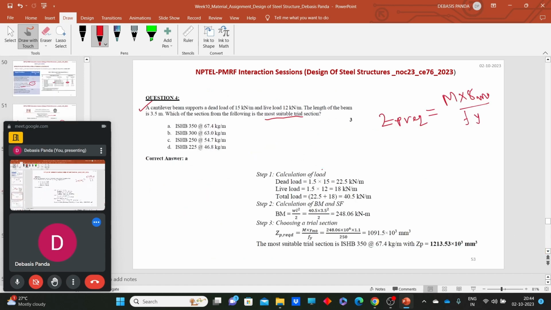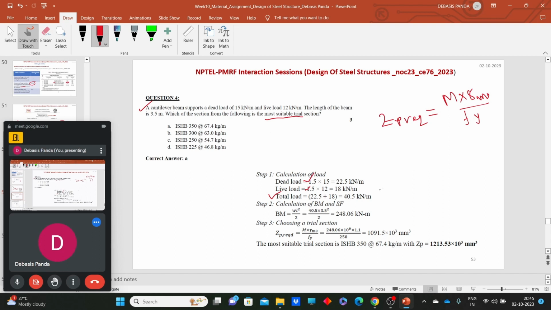Here, first we need to calculate the total load. So total load will be 40.5 kilonewton, and these are the factored loads. So I think these are not factored loads, so the factored is given here.